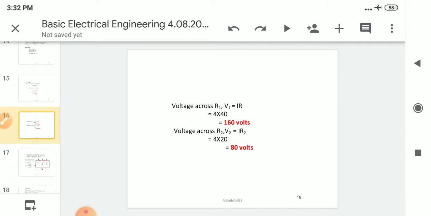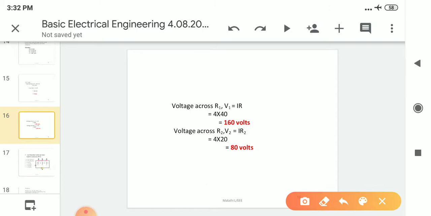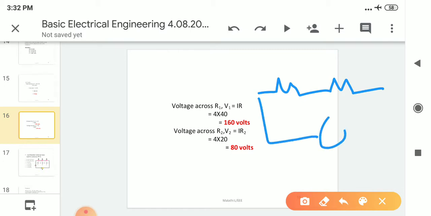Next, we have to find the individual drops. Here V1, V2 we have to find.